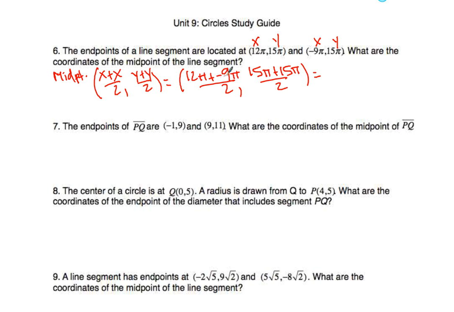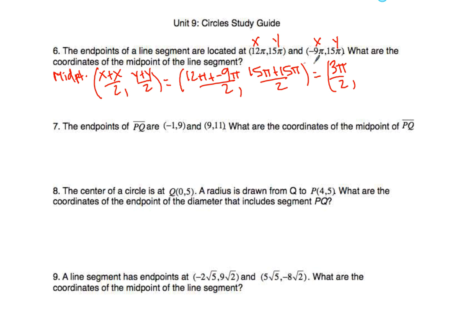For 12 pi plus negative 9 pi, you would treat these pi's as if they were variables. You would kind of ignore them until the end and then add the pi back in. So 12 pi plus negative 9 pi would be like 12 plus negative 9, which is 3. And don't forget the pi, all over 2.